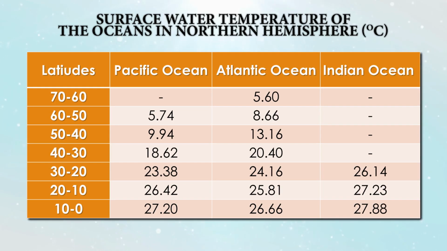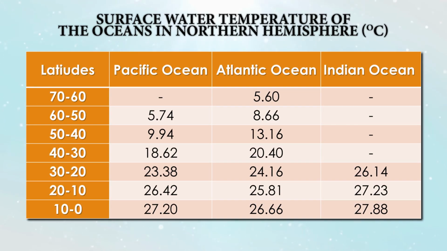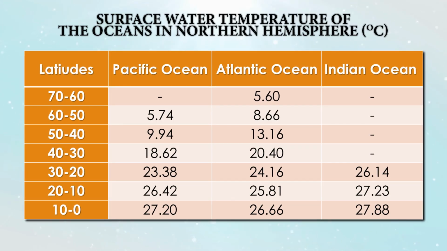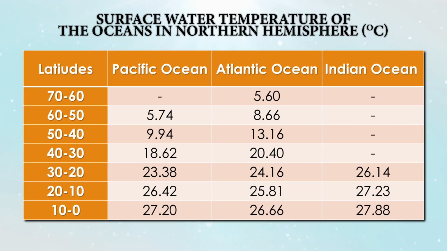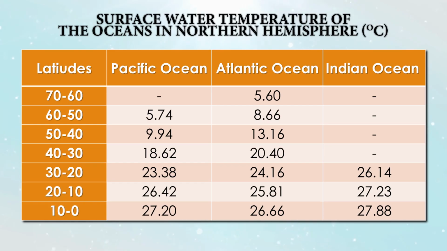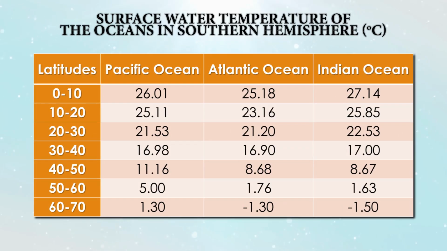You can see that the surface water temperatures are lesser in the Pacific Ocean compared to the Atlantic Ocean, like 5.74 degrees centigrade is reached at about 50 to 60 degree latitudes in the Pacific Ocean, compared to the Atlantic Ocean where this temperature is reached at about 60 to 70 degrees. You can compare the oceans this way, the surface temperature of the oceans in the northern hemisphere, looking at this table.